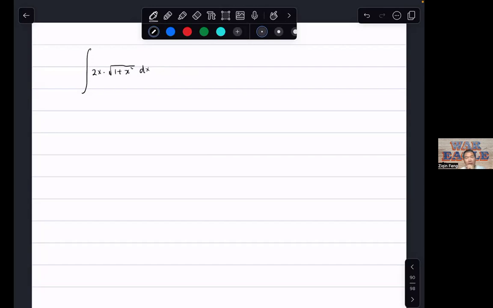Not a power function, none of that, sine, cosine, exponential. We don't have a good way to change our function to a sum or difference, a constant multiple of elementary functions. We cannot do that. We cannot split square root, right?